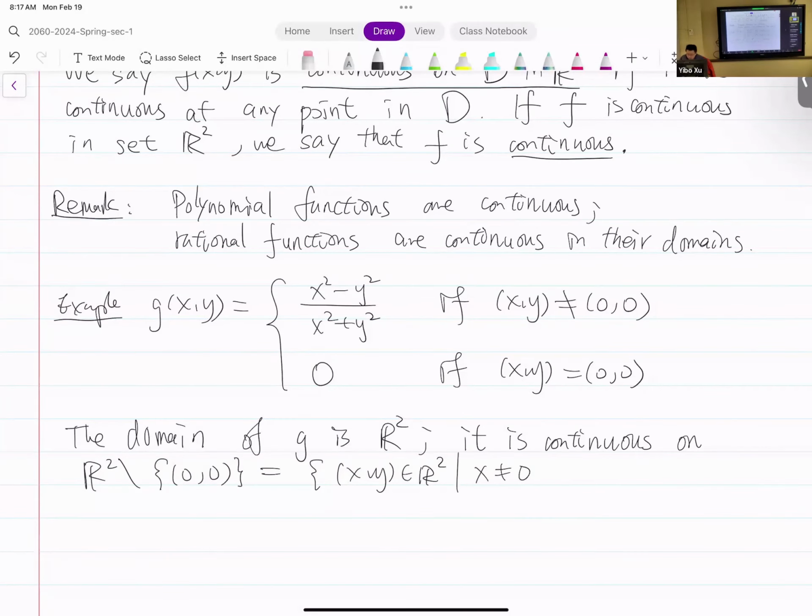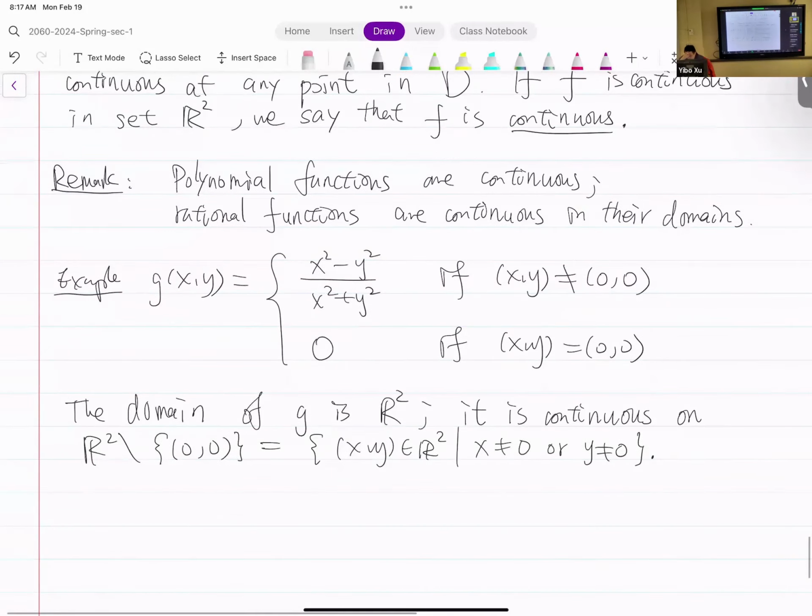So basically, either X is non-zero or Y is non-zero. So this is another way of just excluding the origin from the XY plane. If you write out the XY plane excluding the origin in either way, then we know this function g of xy is continuous on this restricted domain.